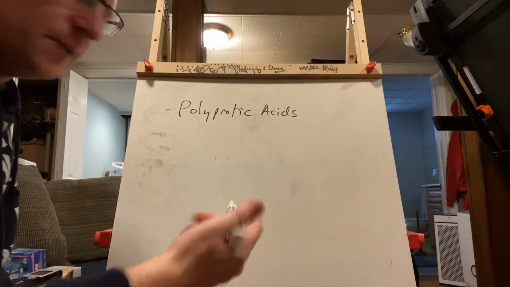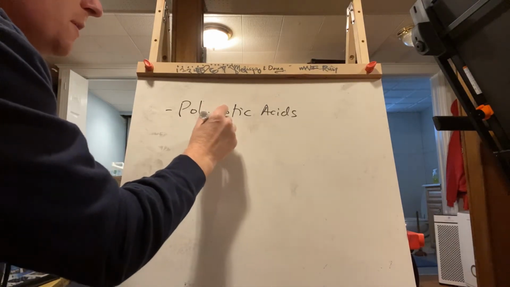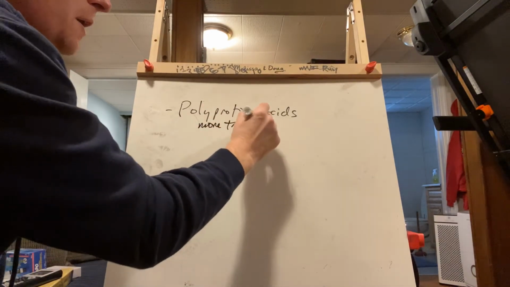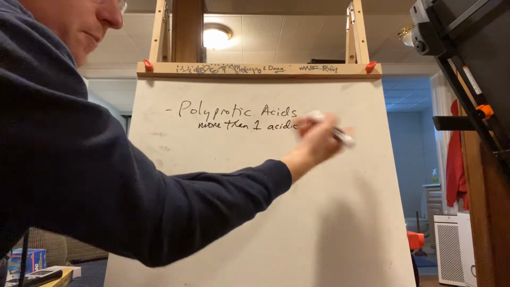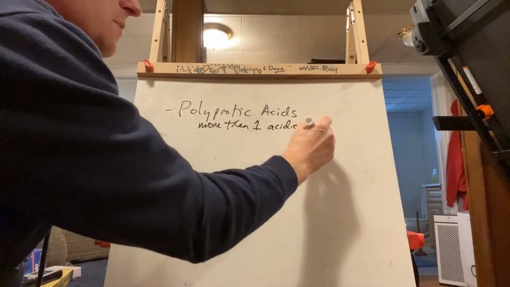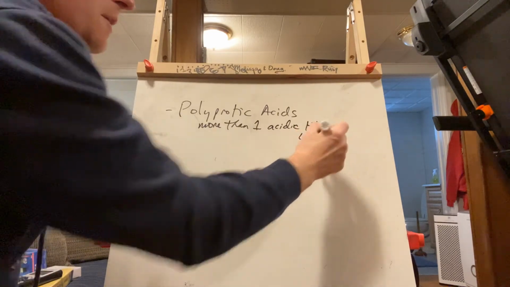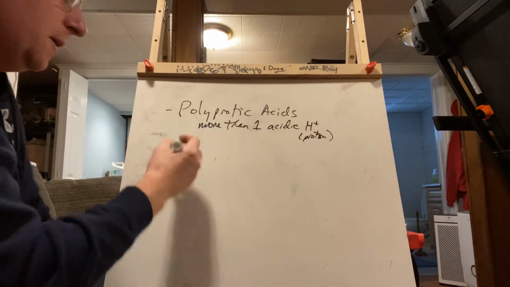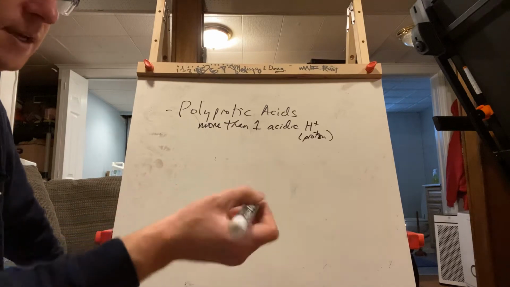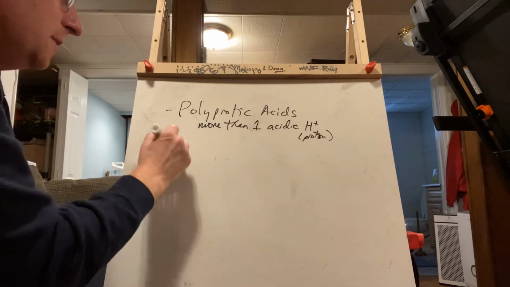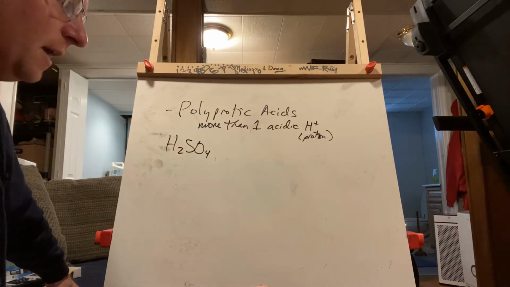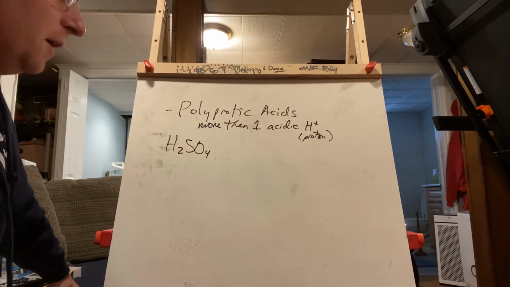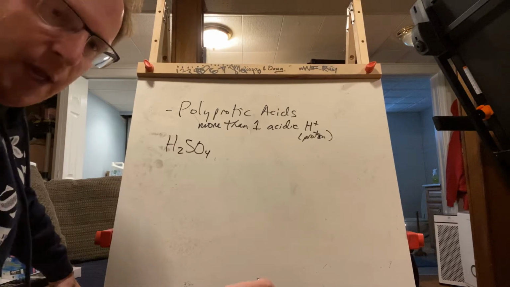So polyprotic acids have more than one acidic H plus or proton. Sometimes it'll be an acidic proton. The classic polyprotic acid is H2SO4, and H2SO4 is a really, really strong acid.